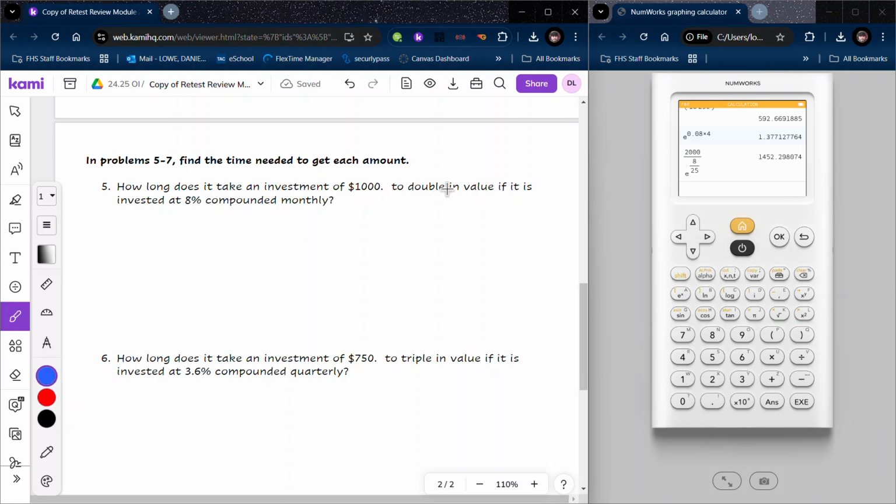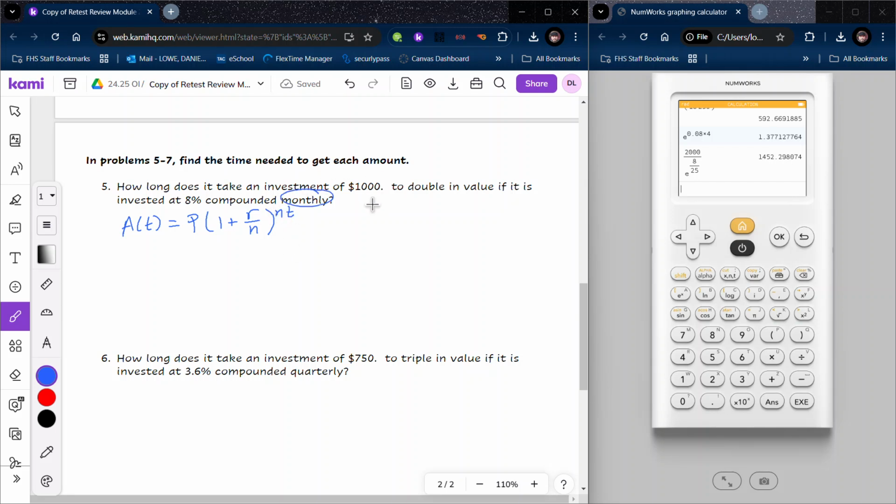So I know my formula is A of t is going to be equal to P times (1 plus r over n) raised to the n times t, because it's compounding.